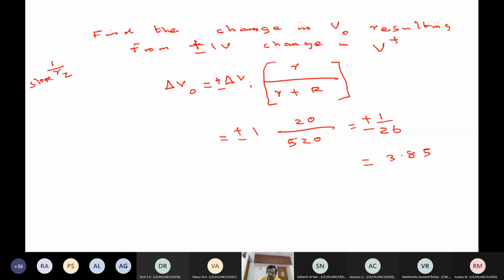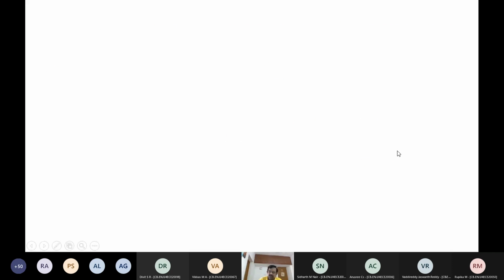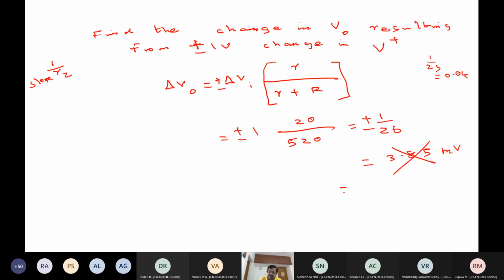Okay, so 3.85, because definitely millivolt, because you can see 1 by 25 is 0.04. Is that correct, or 0.004? Yeah, so it is 0.04, so it should be over here. So this is 38.5.